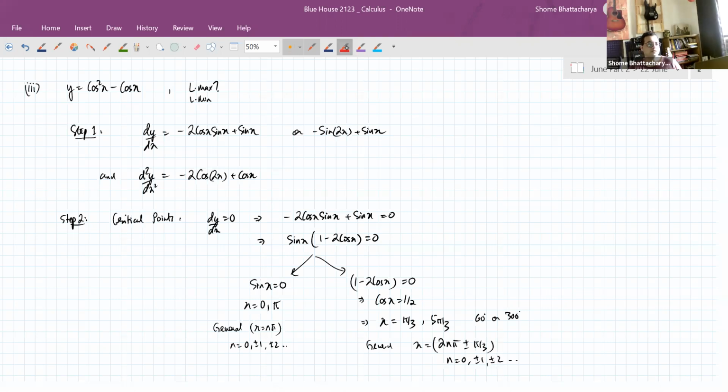But right now we'll stick to the fundamental cycle of 0 to 2 pi. So that is these two values and these two values. So we are getting 4 critical points in all.